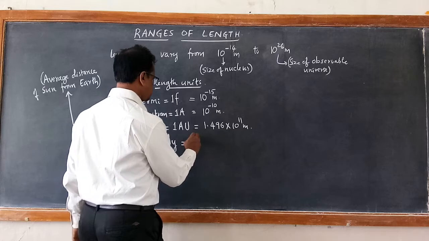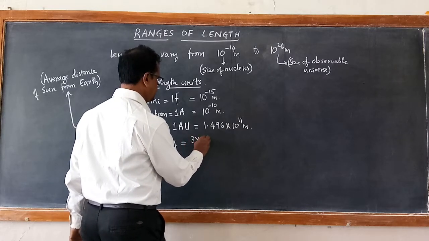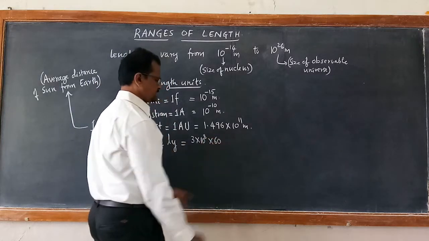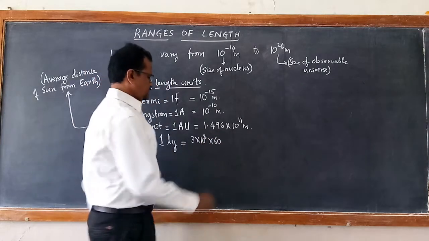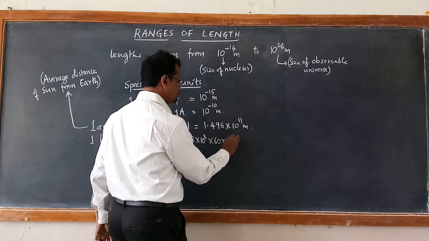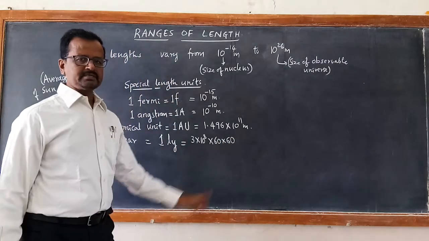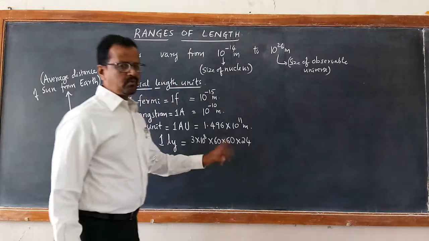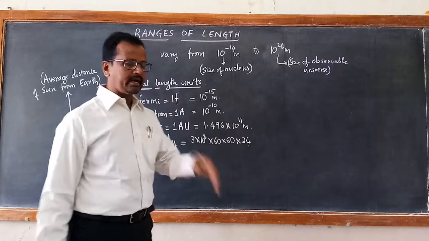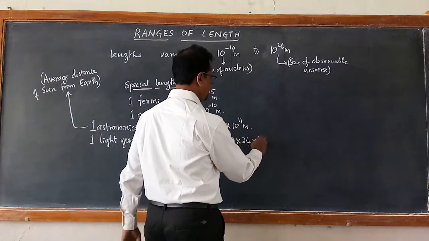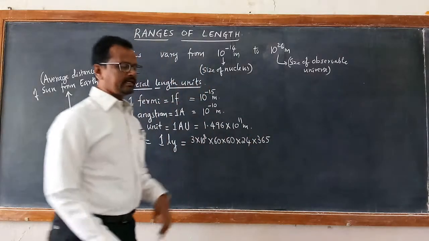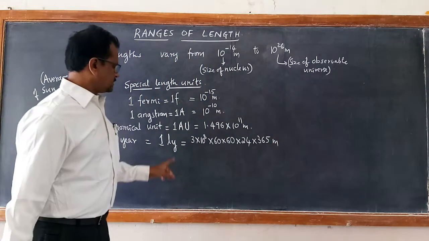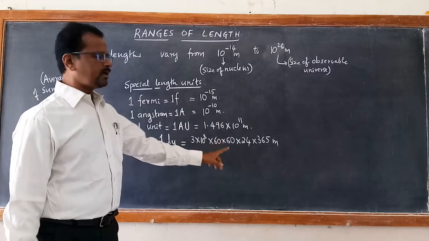So if you calculate this, 3 into 10 raised to 8 meter per second into 60 seconds, that is for 1 minute, into 60 minutes, that is for 1 hour, into 24 hours, that is for 1 day. This is the distance traveled in 1 day. If you take 365 days equal to 1 year, this is the distance traveled by light in 1 year, in meters.